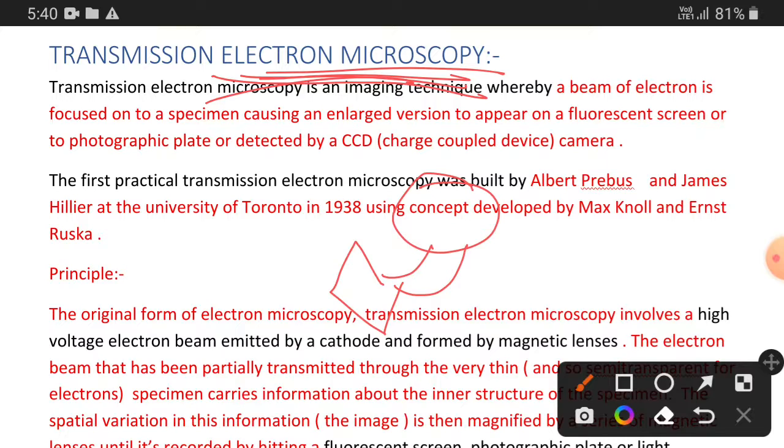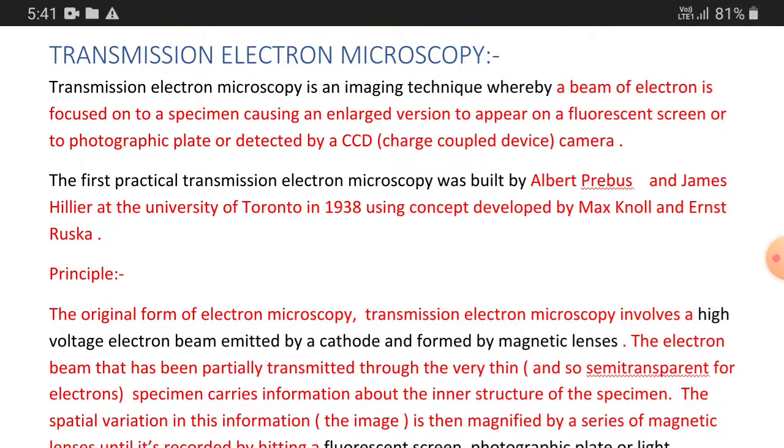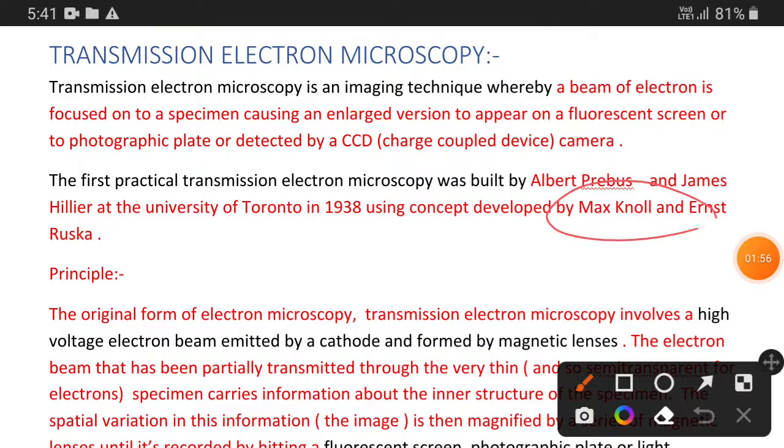If you have watched the very first video of microscopy, then I think you know that resolution is inversely proportional to the wavelength, right? That means if you want to get a good resolution, the light source that you are using should have a shorter wavelength.